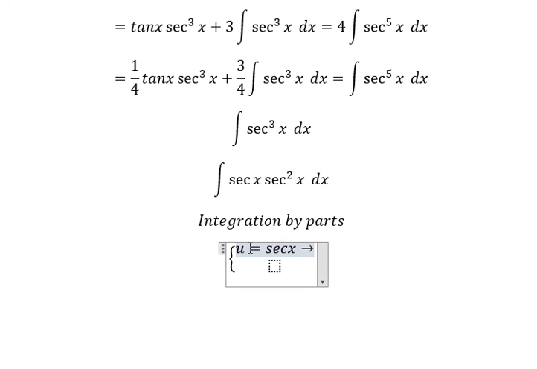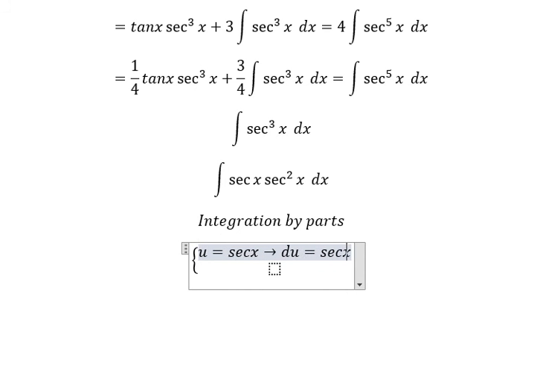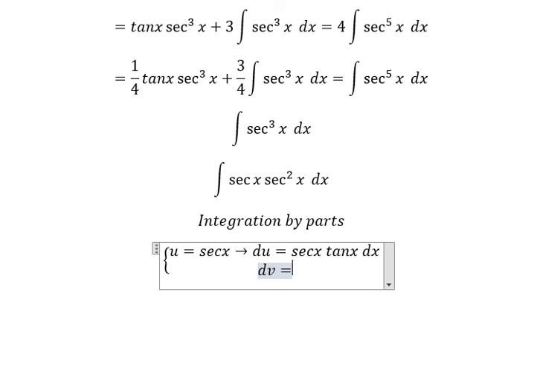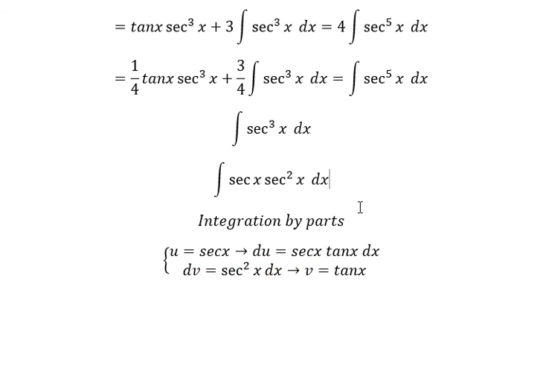Later we take the first derivative of both sides, and we have du equals secant of s tan s ds. For dv we have secant of s squared ds. The integration of this one, we have v equals tan s.